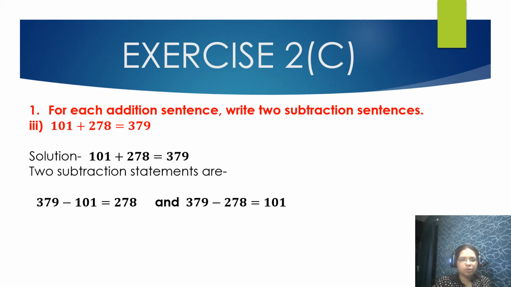Now we will solve question number 3. 101 plus 278 equal to 379.